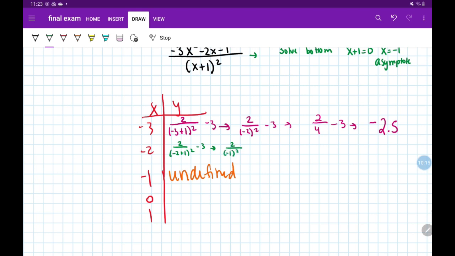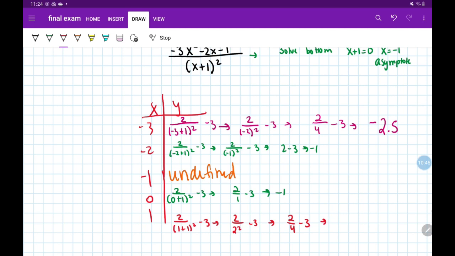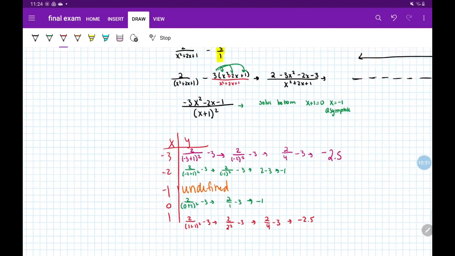So that's 2 minus 3 is negative 1. And I'll do that again. Negative 1. So 1/2 minus 3 is negative 2.5. So I do see symmetry here.